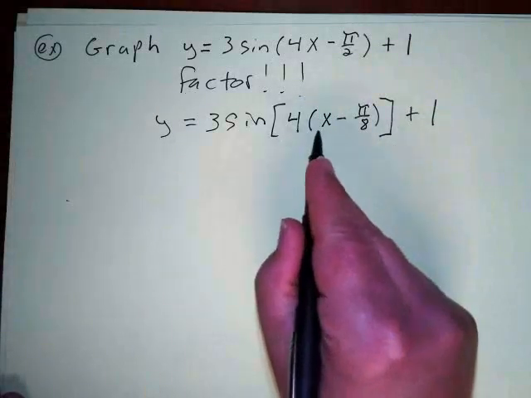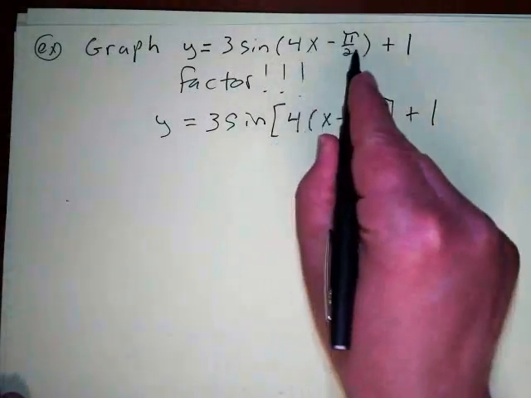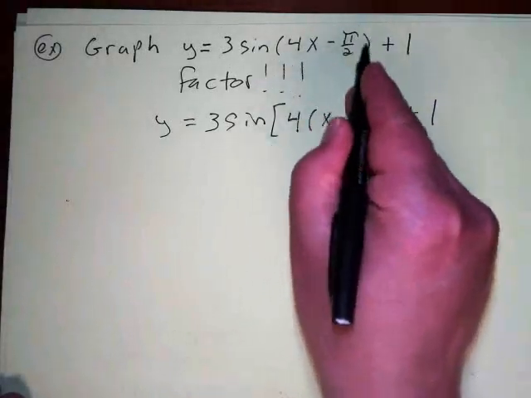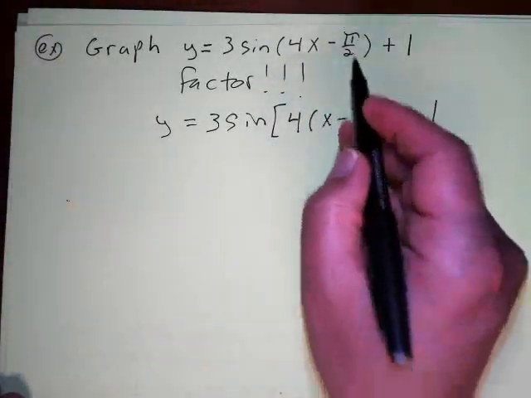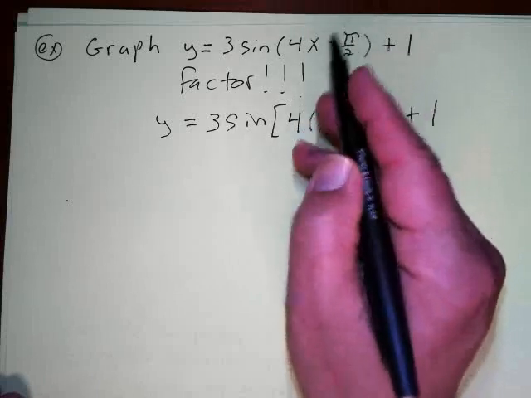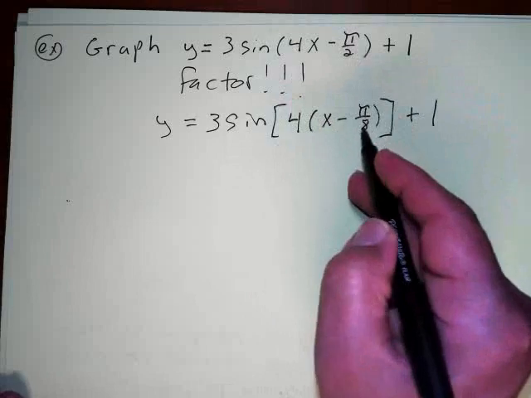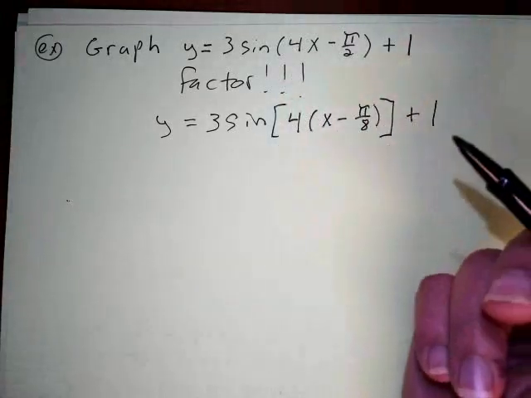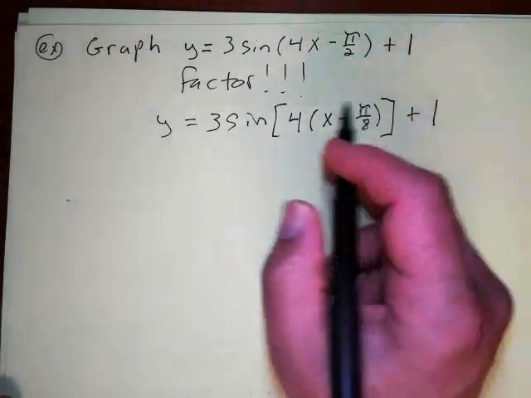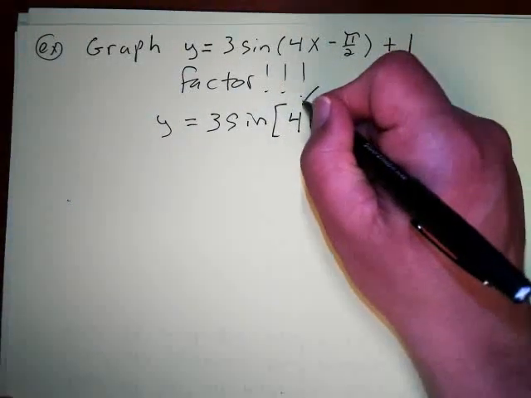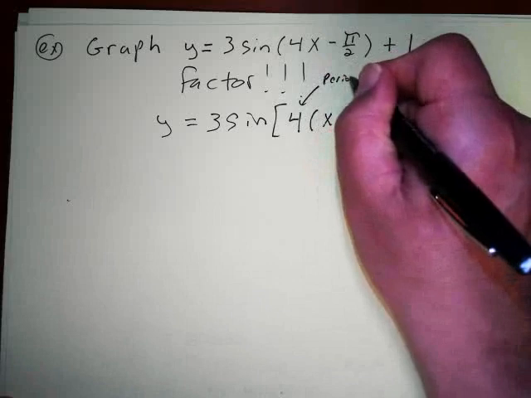So in other words, if I distributed it back through, I would get 4x minus pi over 8. So when you factor 4 out, that's kind of weird because there's not an obvious factor of 4, but you can still do it, and to factor it out, you're just dividing that by 4 to get pi over 8. But you want it like this because this is going to be your period change, right? This is the period change.